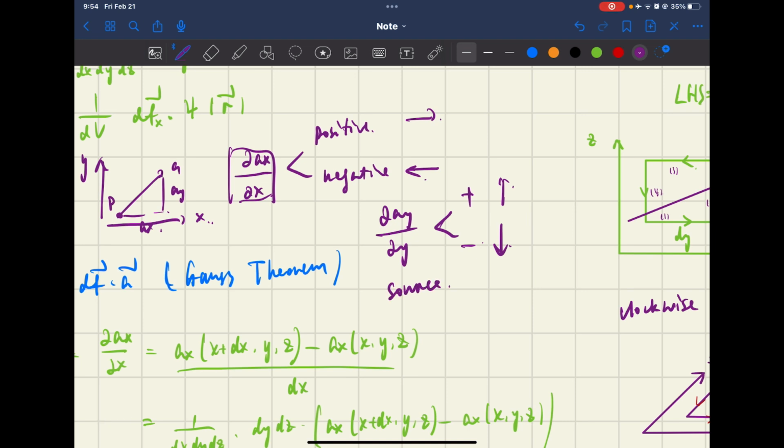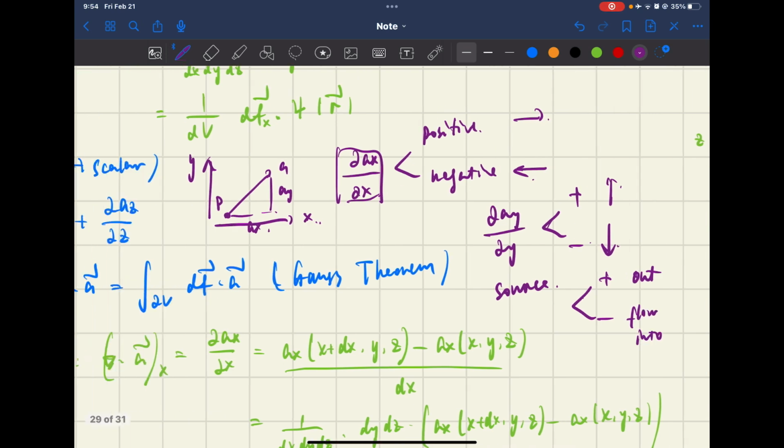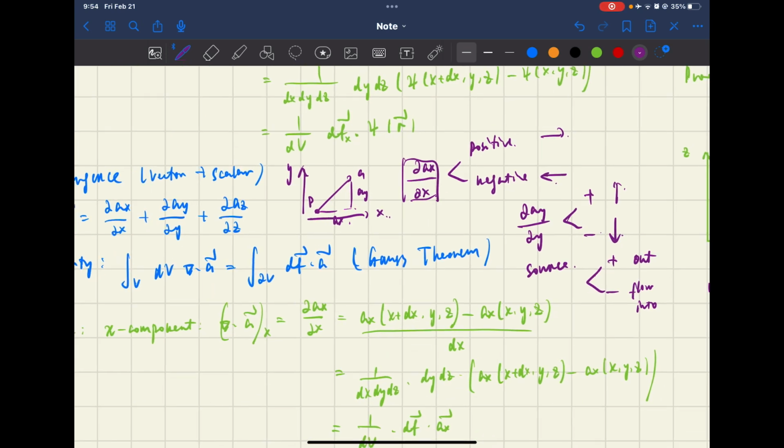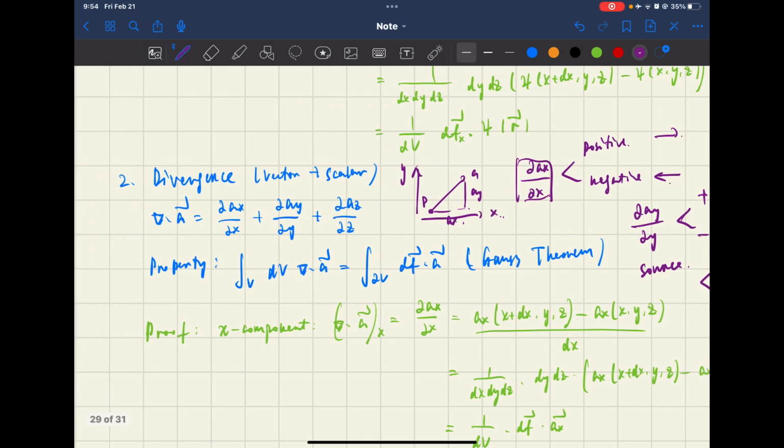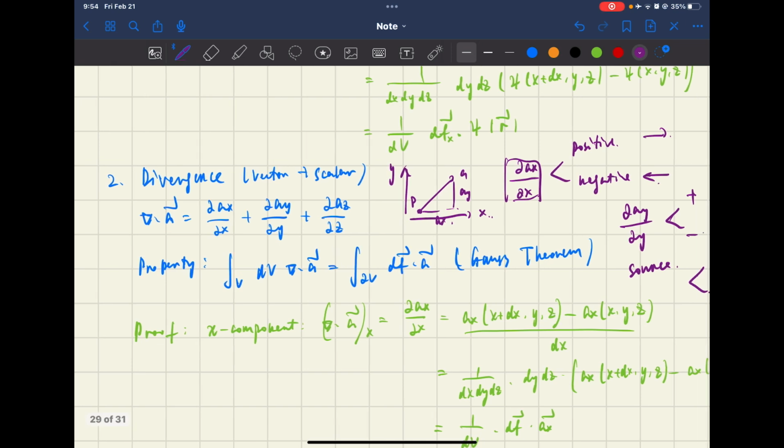If the value is positive, there will be vectors coming out of it. If it is negative, vectors are flowing into it. So it's a quantity that can determine whether the point is a source or not, and that's how we view it geometrically.